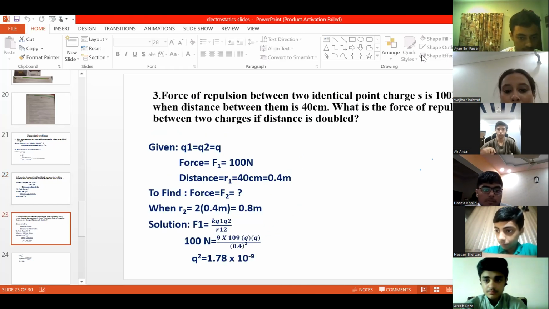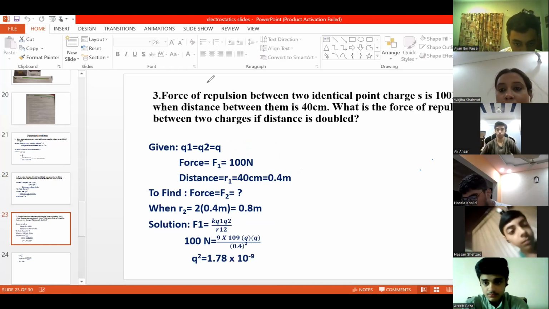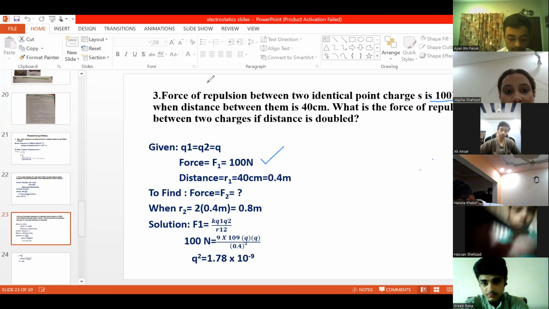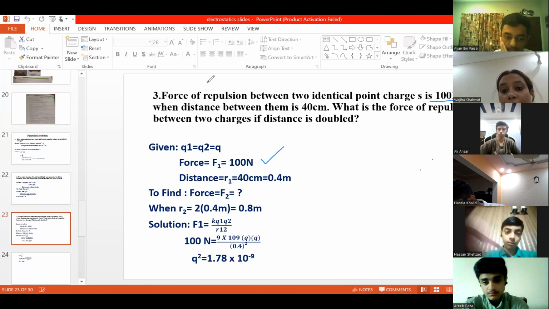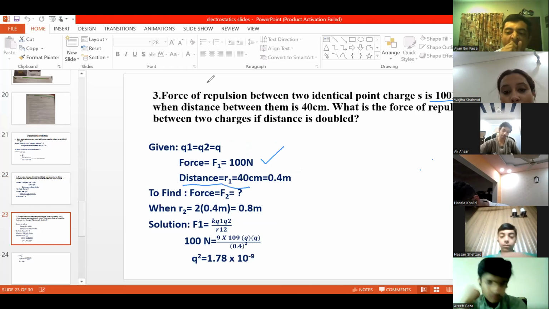Now problem number 3 is: the force of repulsion between two identical point charges is 100 Newton. So force is given, that is 100 Newton, when the distance between them is 40 centimeter. The distance between these two charges is given as 40 centimeters. So we will write the distance over here: R1 is equal to 40 centimeter.